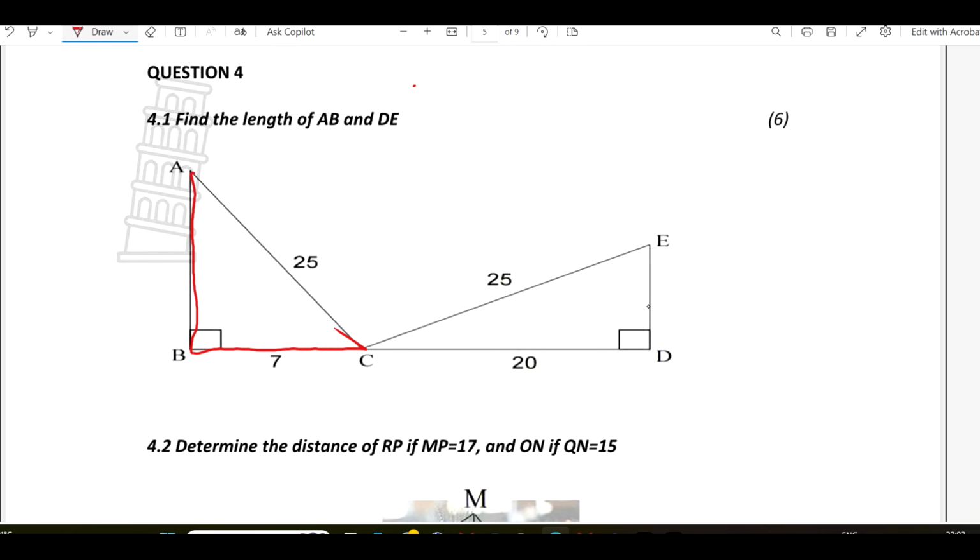right angle triangle. Guys, we know according to Pythagoras, the biggest side squared equals the sum of the squares of the two smaller sides. So for AB, it's going to be AC squared equals the two other sides, AB squared plus BC squared.